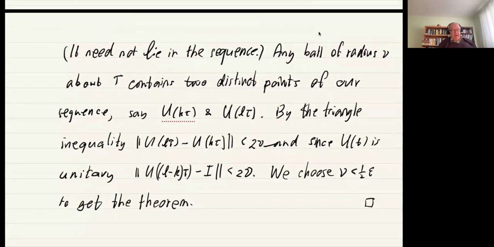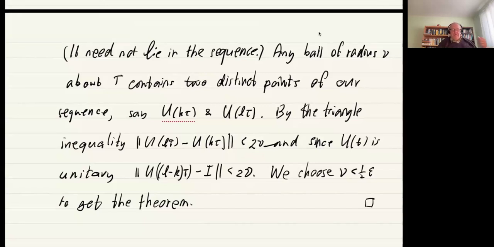Let's say that they're u of k tau and u of l tau. Then u of k tau is within epsilon of t, and u of l tau is within epsilon of t. And so by the triangle inequality, the norm of the difference between u of l tau and u of k tau is less than twice nu.